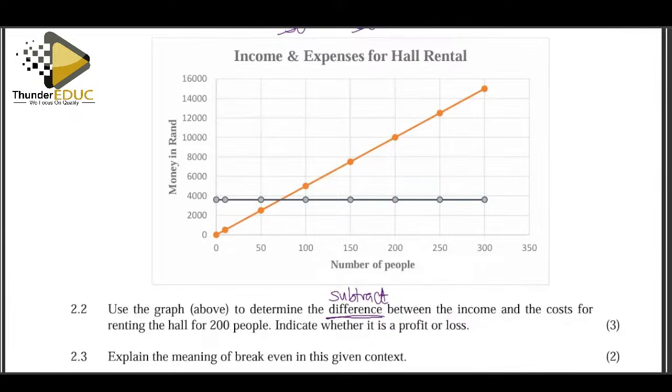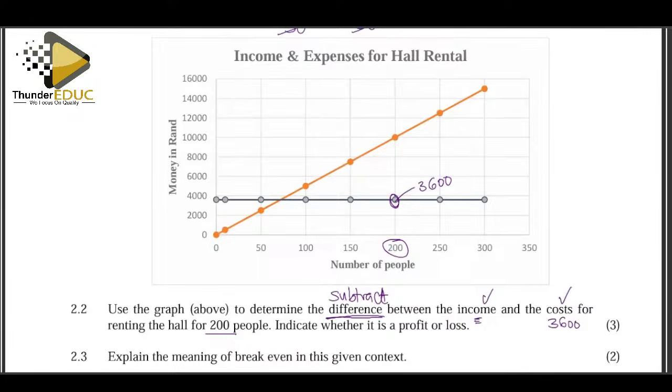Determine the difference between the income and the cost for 200 people. What you're going to do, you come up to here. These are 200 people. What is the cost for 200? Remember, it's a fixed cost. So here is 3,600. So the cost is 3,600.